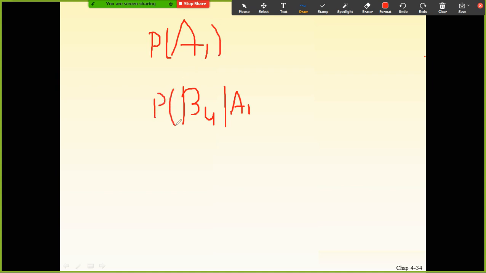So loyal to the company is A1, more than 10 years is B4. But that's why it is under the condition of A1. So this is question number 1. Okay, go to the tree diagram.